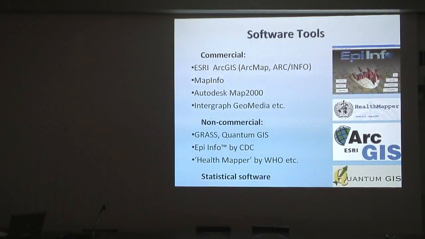So we have to put georeferenced information into statistical software, process it, and then enter the processed data into GIS to produce thematic maps, to produce cartographic information.